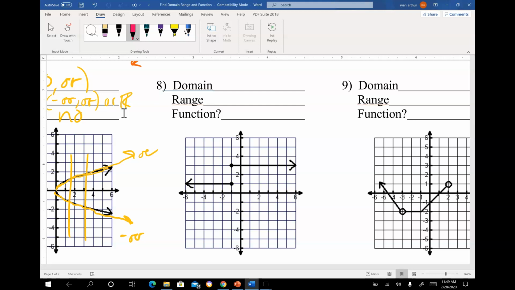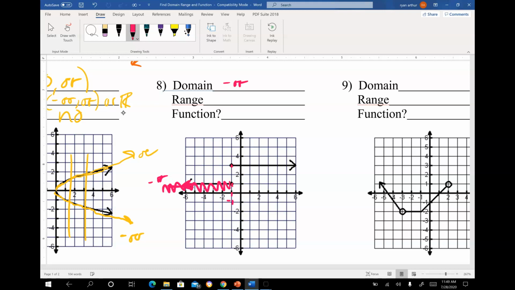So if you look, the domain, how wide is this graph? Well, that's saying it's going to keep going, right? So that's a negative infinity. Now, you see how it jumps from this equation to this equation? But when it jumped, did it skip a number? This is -1. So when I left this graph, at -1, where did this graph pick up?